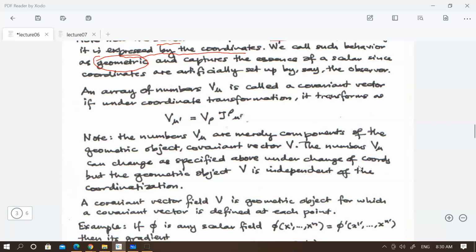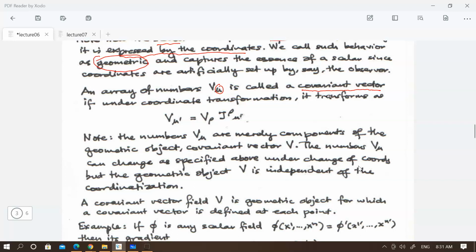So we have seen this before. Okay, so in this particular case, this v mu, I'm going to start calling this covariant vectors now. Covariant vectors are what? Objects with a single index at the bottom. Okay, and under coordinate transformation, these are given by this.